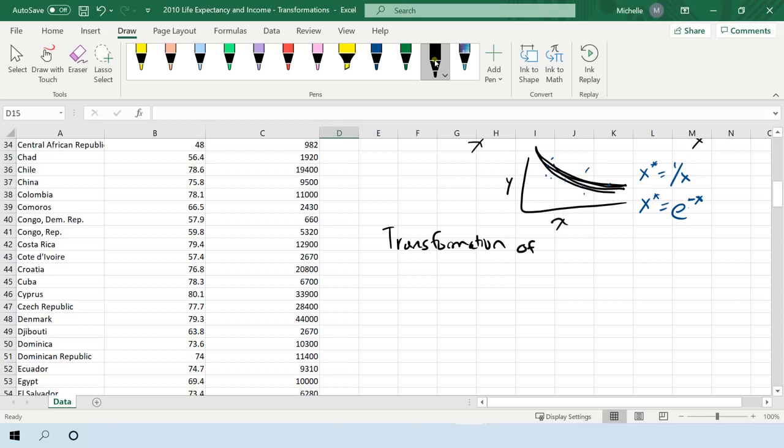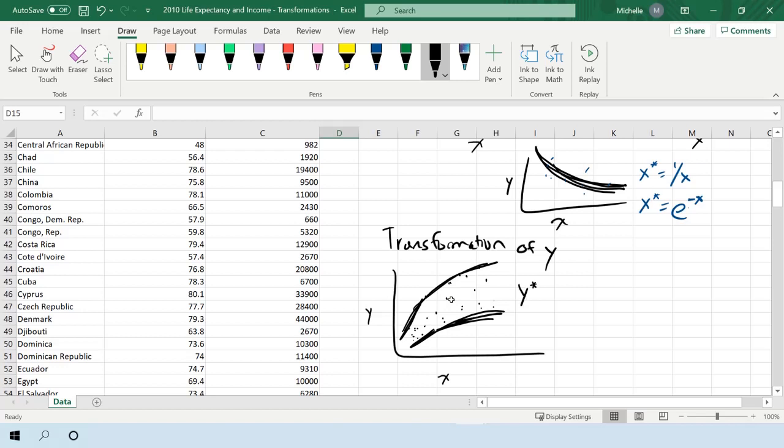This might be a situation where you have your data, and when you plot x and y, you see not very much variability here, and then much more variability up here. A little bit of variability towards the beginning and then a lot of variability towards the end. That looks like a violation of constant variability.